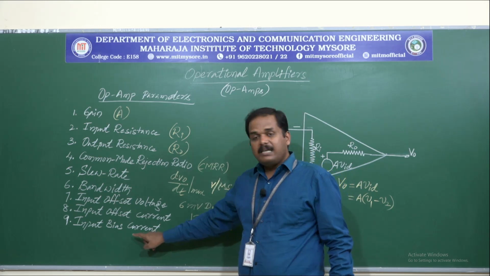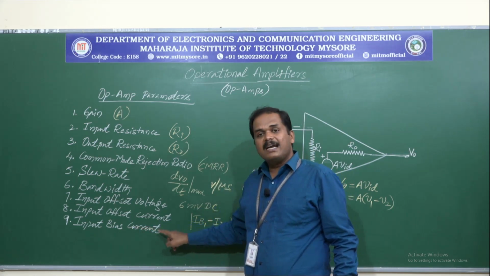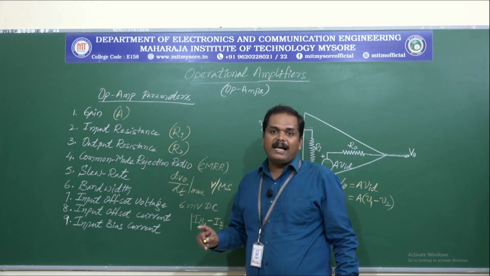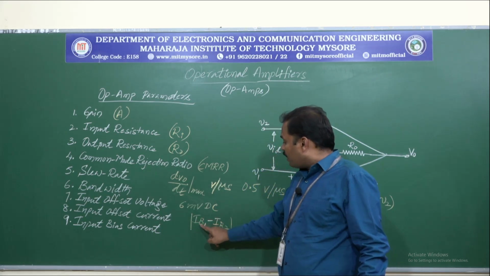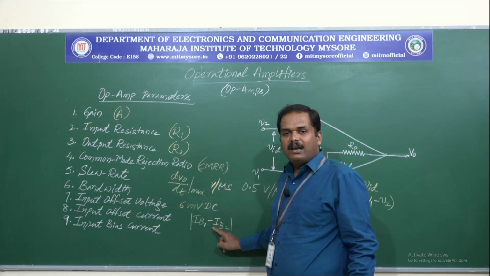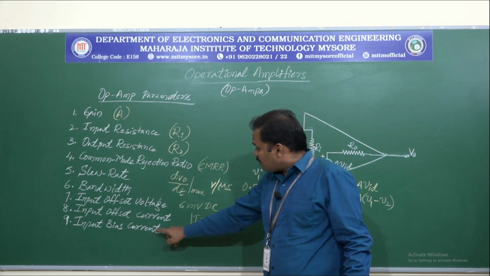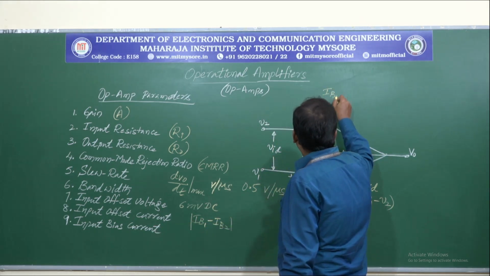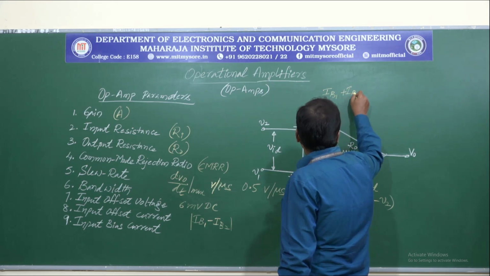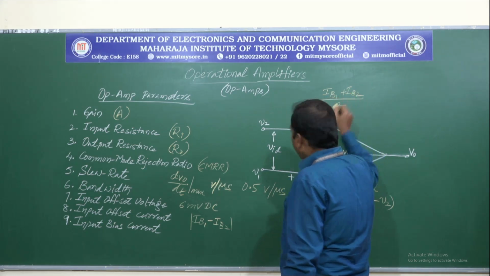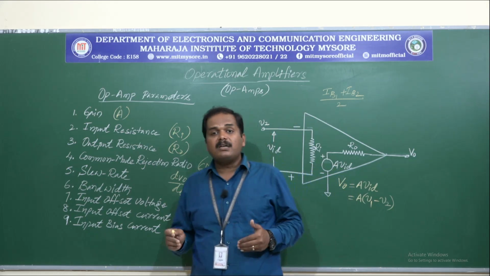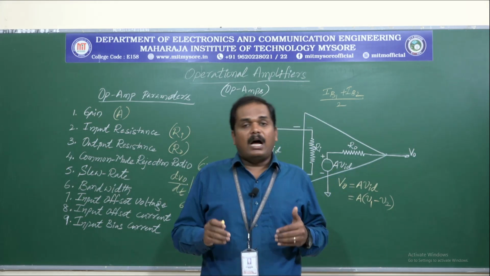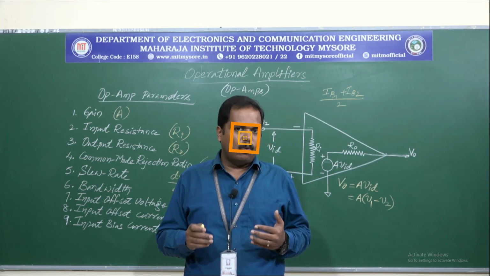And the last parameter is the input bias current, which is defined as the average of these two currents IB1 and IB2. This is written as IB1 plus IB2 divided by 2. These are the parameters we have associated with any op-amp.